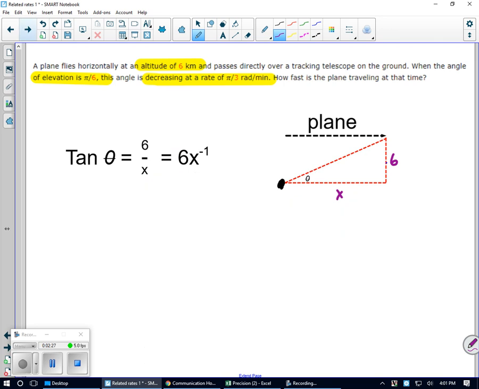Now from trigonometry, we know that secant squared theta times d theta equals negative 6 x to the negative 2 times dx. Now x we just figured out was 6 square roots of 3.